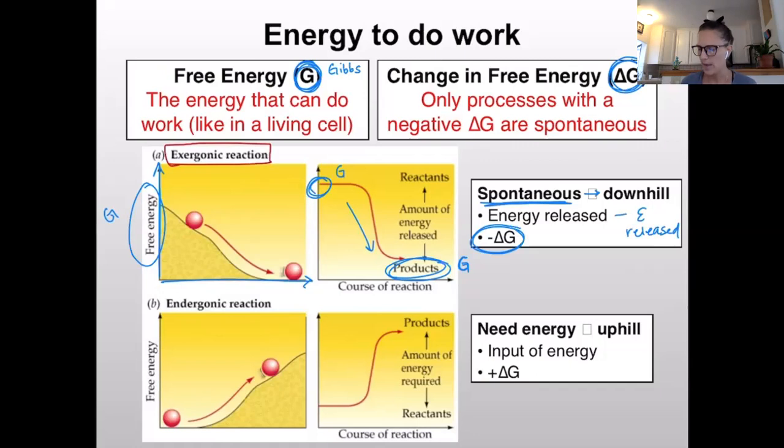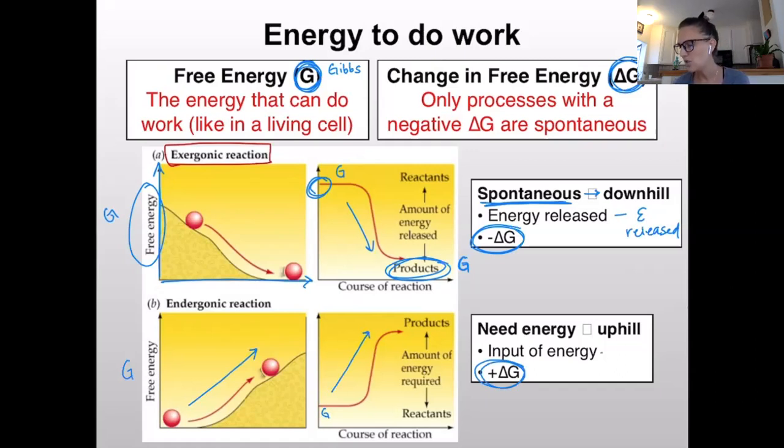So if we think of the other way, again, we have G on the y-axis and we have the course of the reaction on the x-axis. Here, we are getting a ball to go up the hill. So the reactants here had less energy than the products, right? So here, this is a positive delta G. The amount of free energy had to increase.